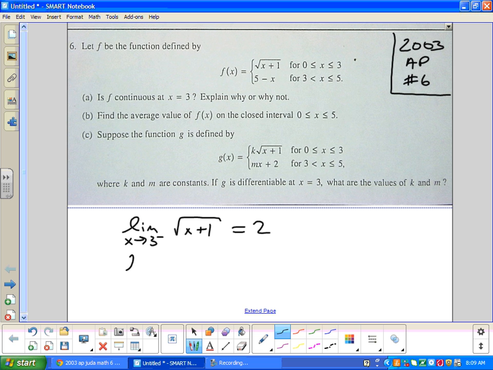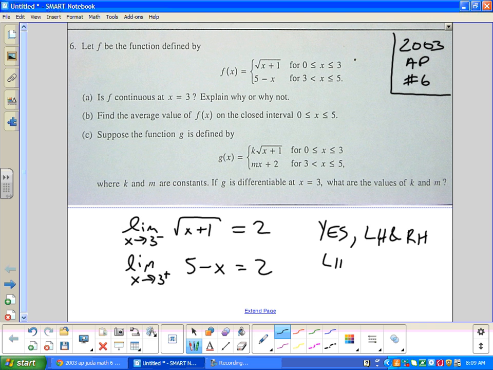If I take the limit as x approaches 3 from the positive side of f of x, I have to use the upper function. The left hand and the right hand limits are the same, thus this is a continuous function.